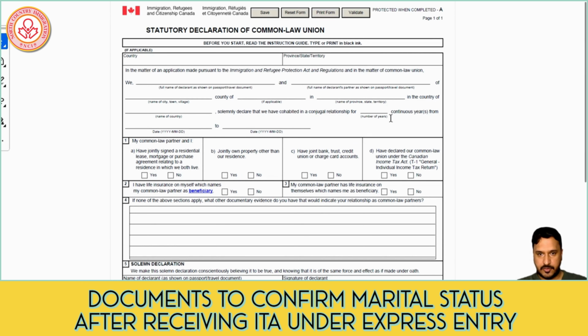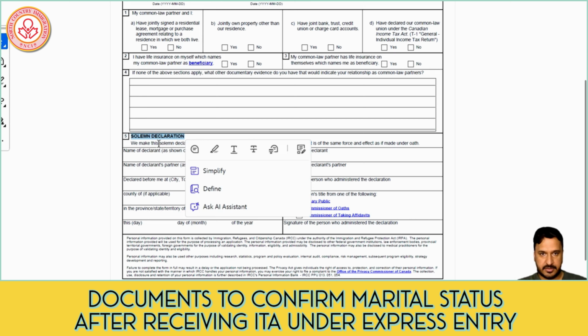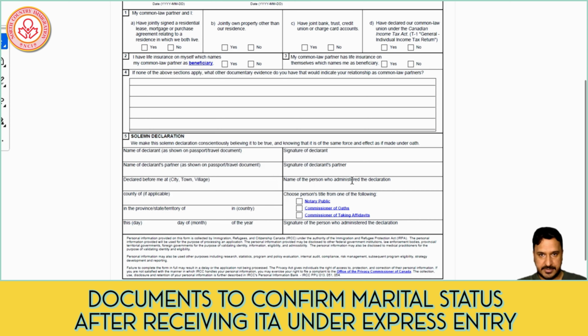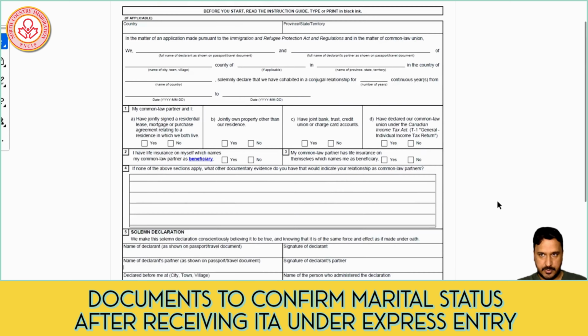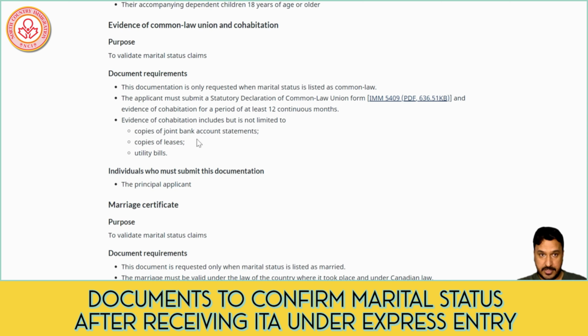You have to fill out all of these sections, and then the last section, the solemn declaration, has to be administered by either a notary public, a commissioner of oaths, or a commissioner for taking affidavits. You can take a look at this document, as this would be needed when you submit your electronic application for permanent residence.